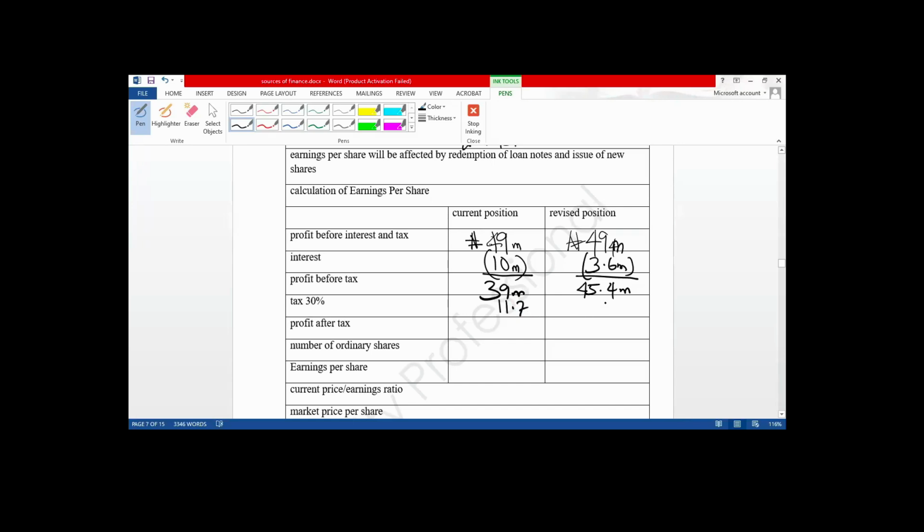Next, calculate tax on the revised position. 30% of 13.62.